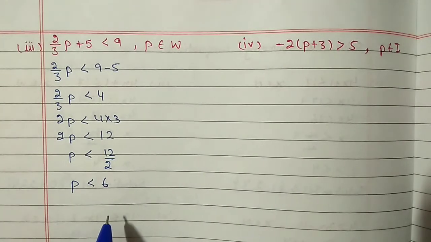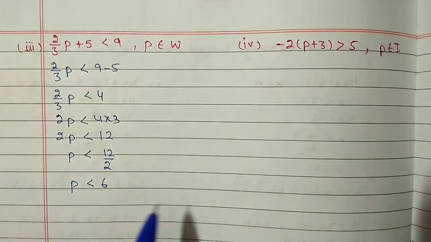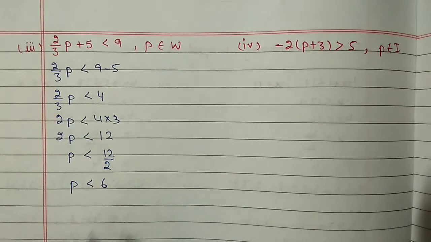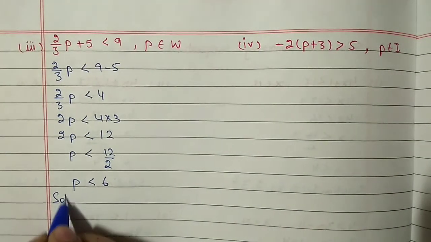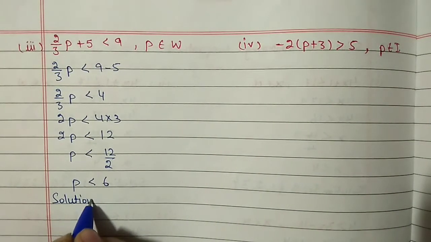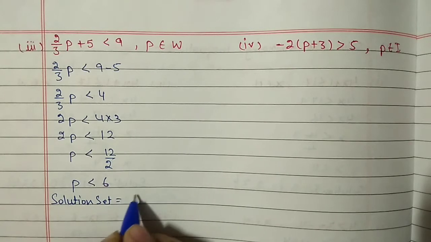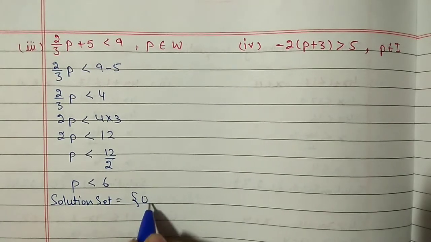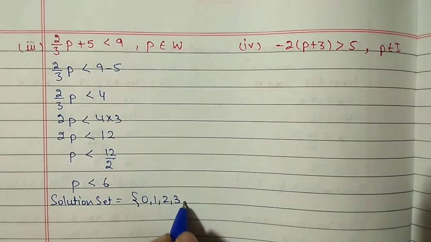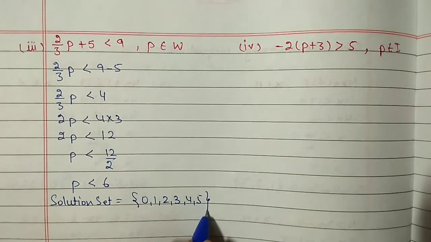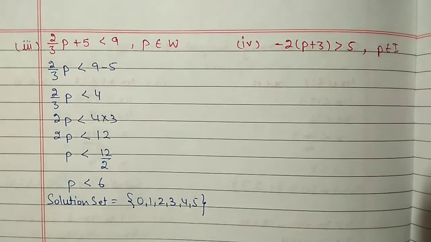Now whole numbers we have to take which are less than 6 because the replacement set is given as whole numbers. So our solution set is here. Whole numbers start from 0: 0, 1, 2, 3, 4 and 5. Less than 6 means till 5 we will take.